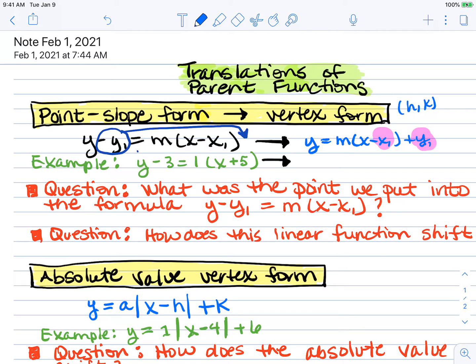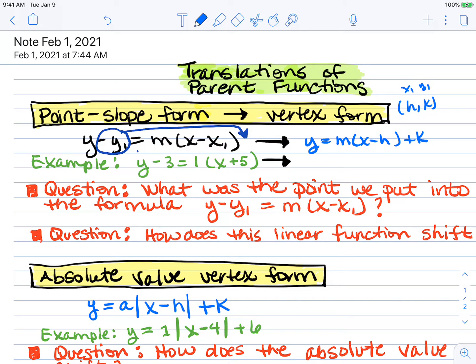So I'm going to erase all this and say this is really going to be h and k. So we've changed our x1, y1 into h and k.